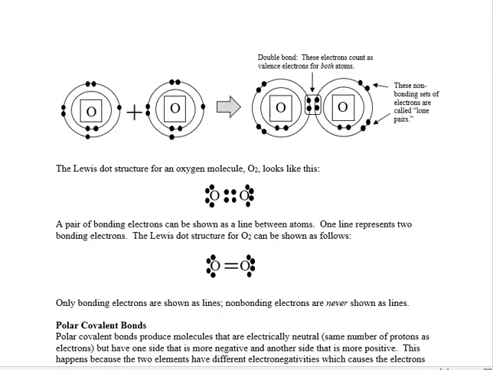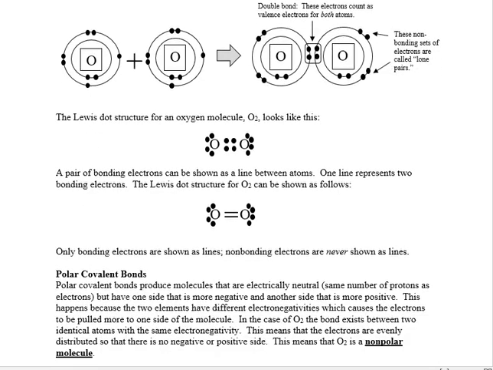The only way they can form an octet is to share not 1 pair of electrons, but 2 pairs of electrons. And so now if you see the oxygen molecule, the O2 molecule bonded, as long as you count those 4 electrons inside of that rectangle for each of the oxygens, then each oxygen will have 8 electrons in its valence orbital.